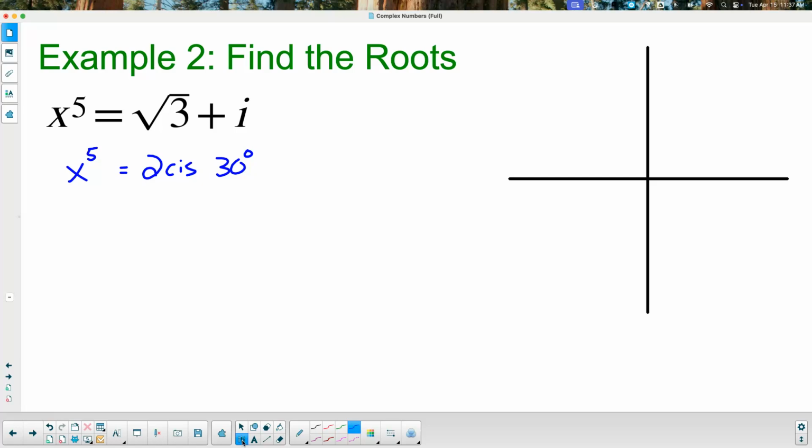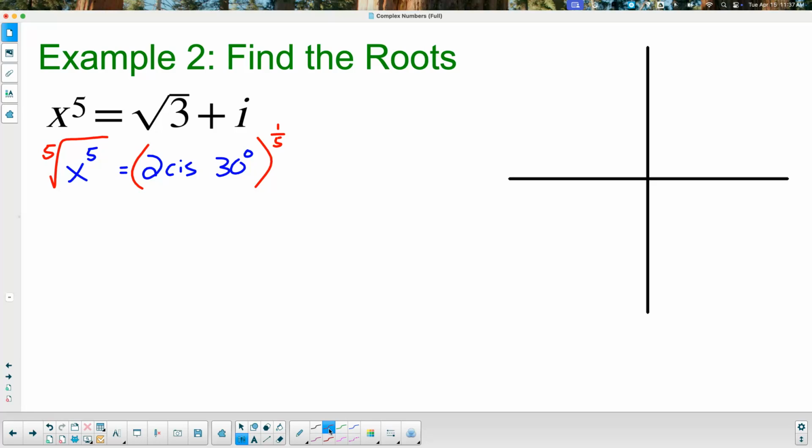So now what do we do? After we trig it, we root it. So I'm taking the 5th root on the left side, and I'm taking the right side to what power? 1/5. Okay?